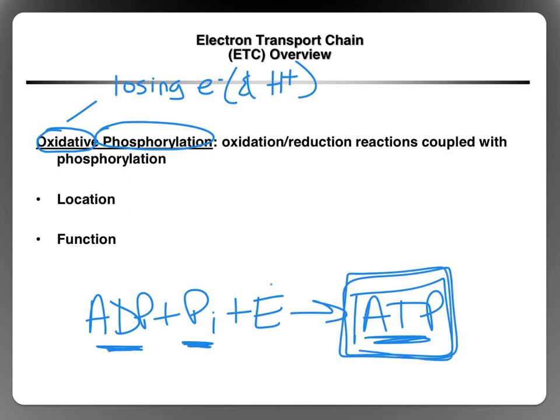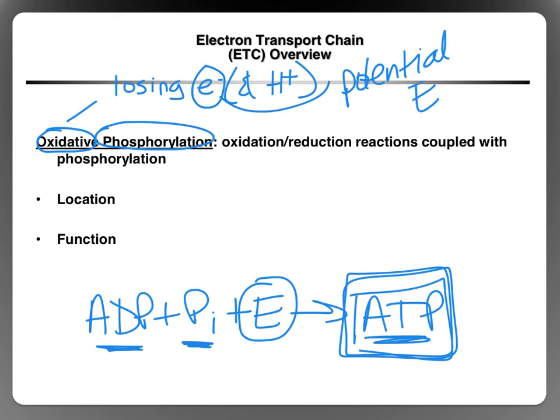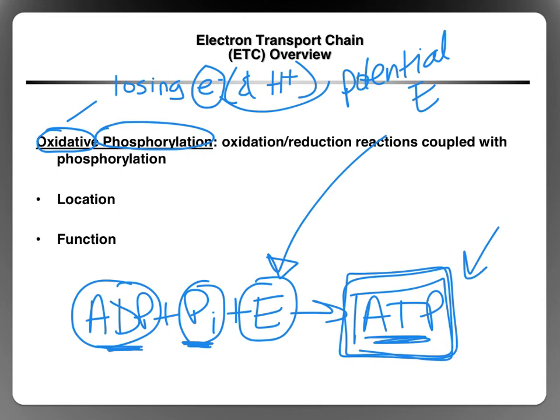So where's this energy coming from? I told you that these electrons carry potential energy. So what happens in the electron transport chain is that the potential energy is released from the electrons and used to phosphorylate, to add a phosphate to an ADP, and what we end up doing is making ATP, which is our ultimate goal.